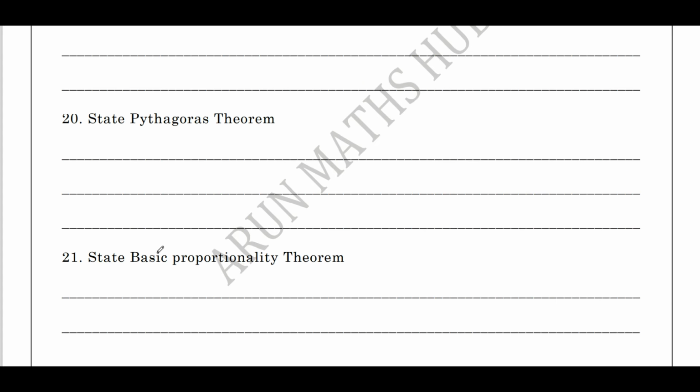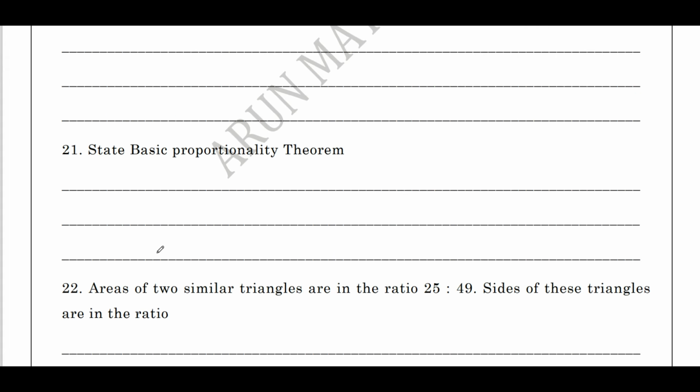State Pythagoras theorem. In a right angle triangle, the square of the hypotenuse is equal to the sum of squares of other two sides. State basic proportionality theorem or the Thales theorem. Students, I'll be sharing this PDF. You can make a note of all this.